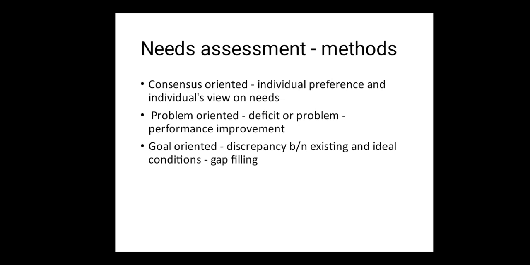When we define needs, the first definition is regarding what an individual needs, what an individual wants, or his or her preference. Similarly, the consensus oriented category of methods focuses on the preference or want of the individual and what the individual is thinking about their needs.